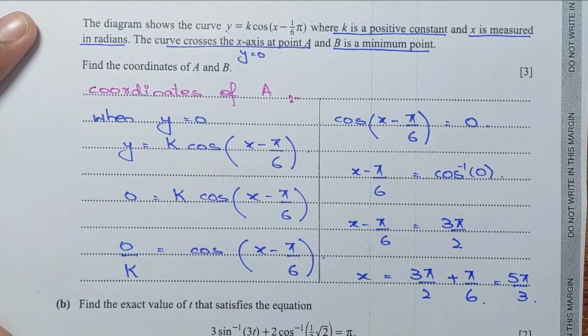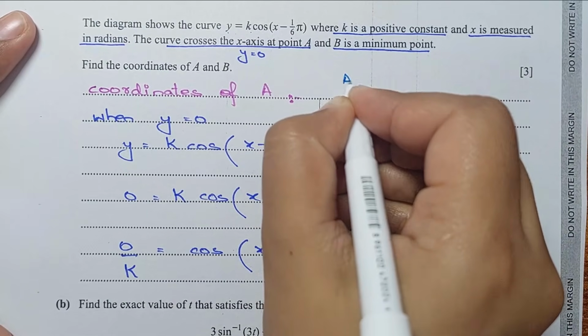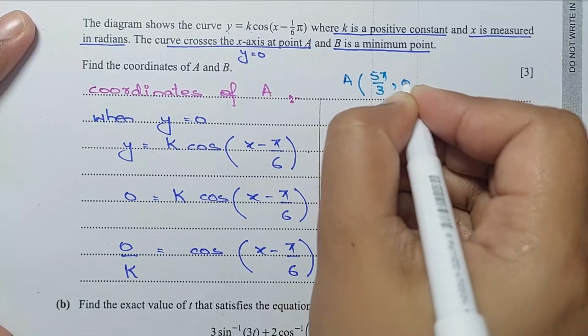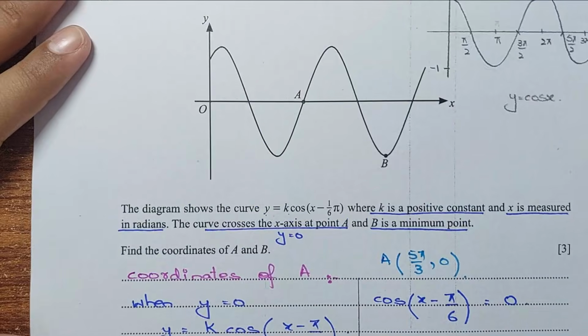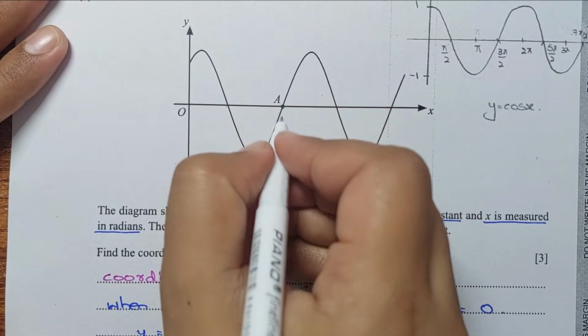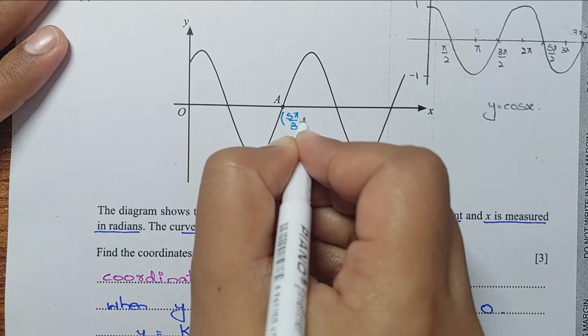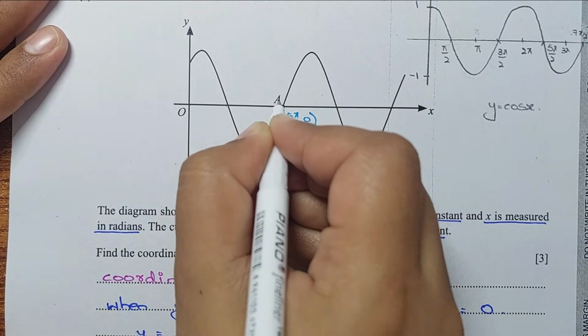Okay, so for A, what are the coordinates of A? We have done the coordinates of A. The x coordinate is 5 pi over 3 and the y coordinate is 0. So the coordinates of A, we can write down over here, are 5 pi over 3 and 0.